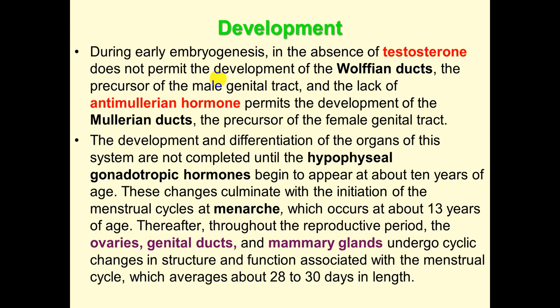Indifferent stage has 2 ducts, the Wolffian duct or mesonephric duct, and the Mullerian duct, paramesonephric duct. And also genital ridges, which are derivatives of the mesial mesoderm, of the thickening on the anterior wall of the mesonephros, the second kidney.